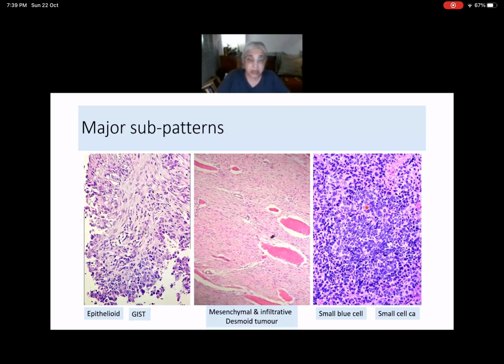So, patterns do not tell you that this belongs to that particular category that the pattern represents. Have you understood that? I think I've made it abundantly clear that epithelioid doesn't mean that it has got epithelial derivation. It can be a sarcoma, it can even be a lymphoma. Mesenchymal doesn't mean, the pattern doesn't mean that it is of mesenchymal derivation.